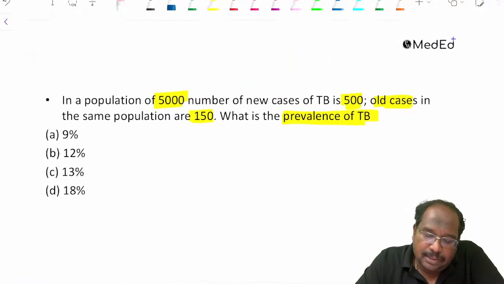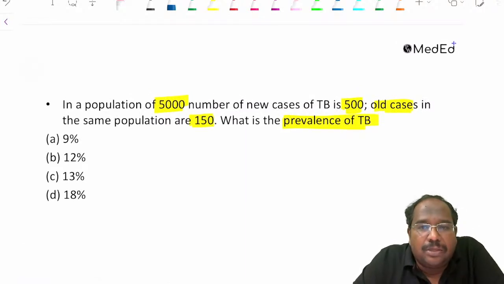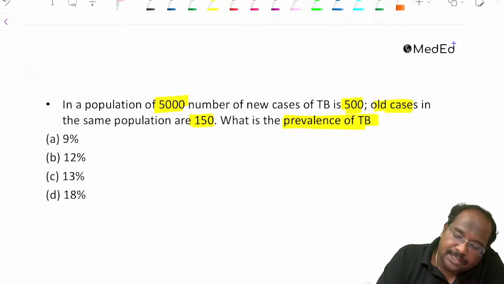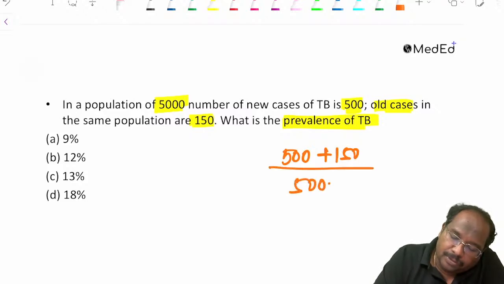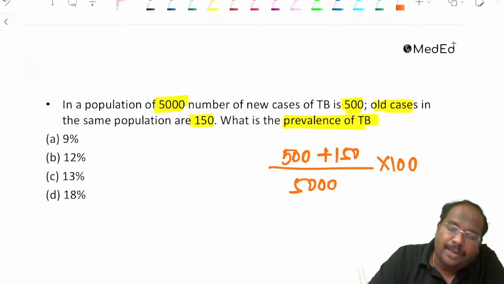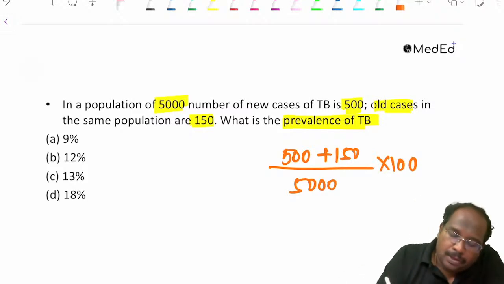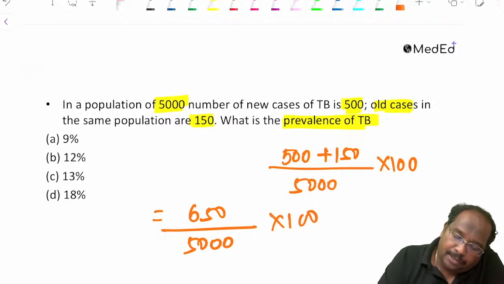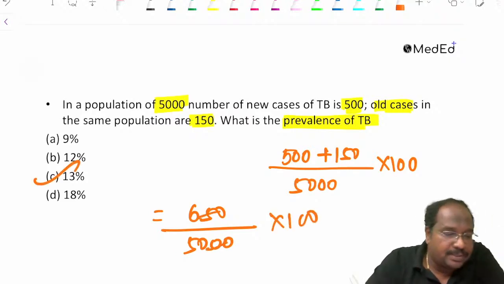What is the answer here? The question is prevalence. So the number of current cases, old and new: 500 plus 150, divided by 5,000, multiplied by 100. It comes in percentage. So how much is it? 650 by 5,000 multiplied by 100 gives 13%.